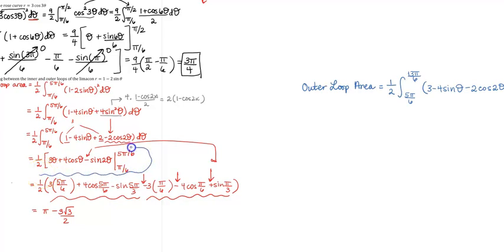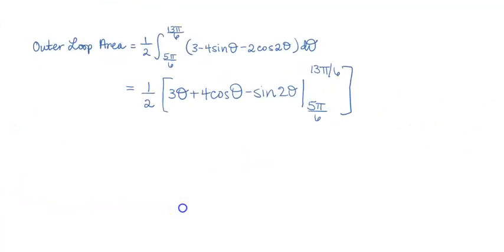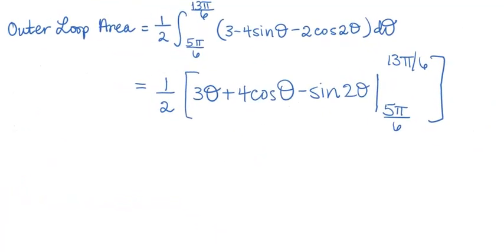So why I hesitated was really I could have just jumped to this part because we already know how that integrates. The only difference is that here we are evaluating it from 5 pi over 6 to 13 pi over 6. So again, something that is tedious, but ultimately that we do know how to do. I will show what you have when you apply the fundamental theorem of calculus.